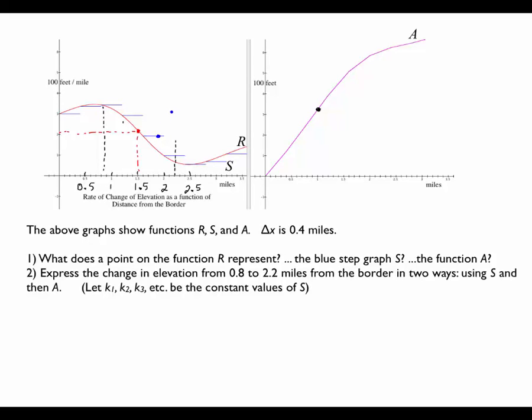And what's the output? Is it a rate of change or an accumulation? Rate of change, okay. That's constant for that interval, something close to 2. But just the point would be the approximated rate of change at a particular miles from the border.